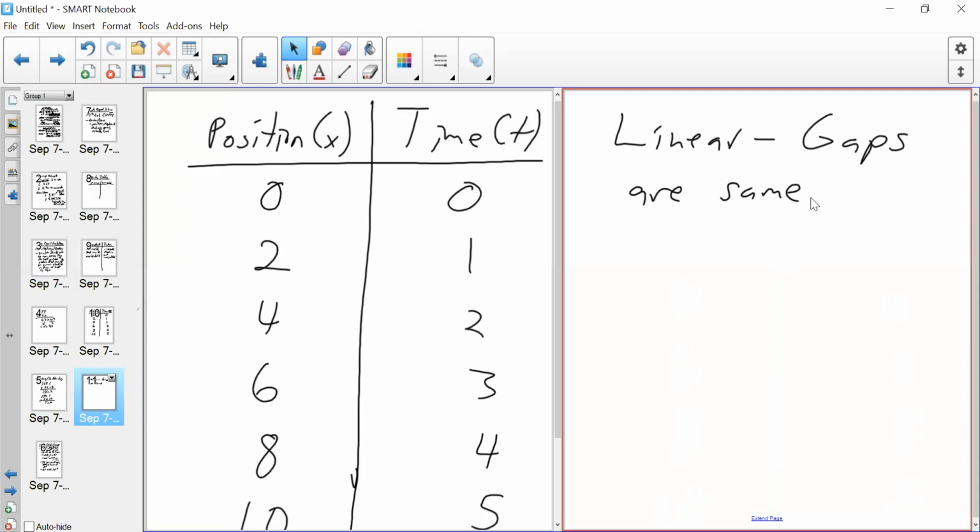Always look at the left column. What's going on in the left column? Gaps the same, linear data. Gaps between the numbers: 0 to 2, 2 to 4, 4 to 6, 6 to 8, 8 to 10.